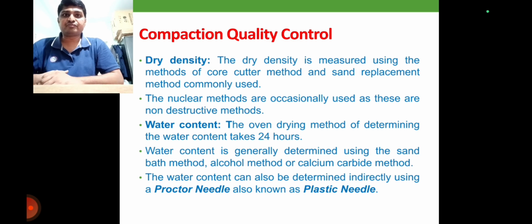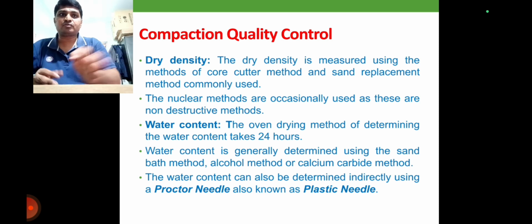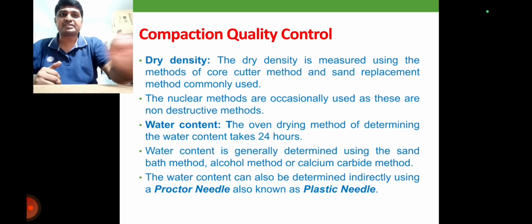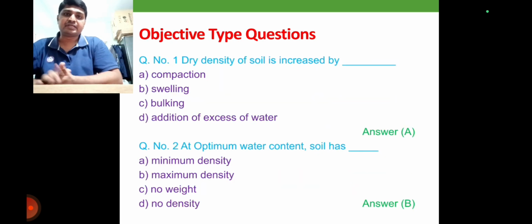By this way, we can find out the water content, and we can also determine it using the proctor needle, also known as the plastic needle. That is also very useful for finding the water content. So mainly the compaction quality control is done for finding the dry density as well as water content.